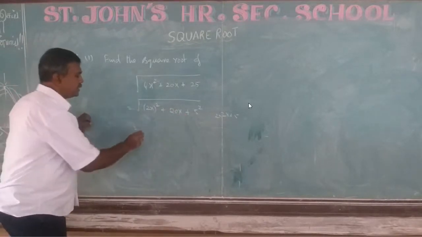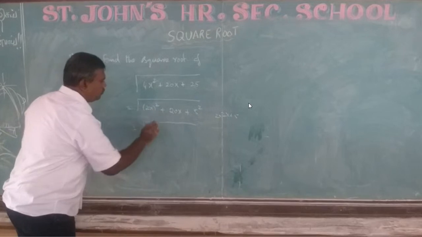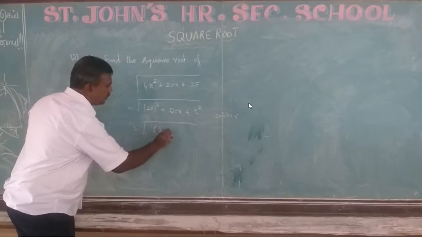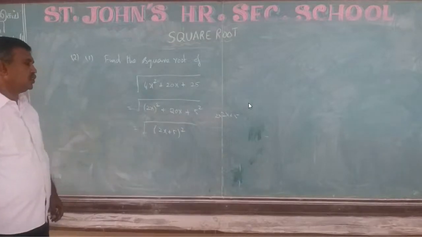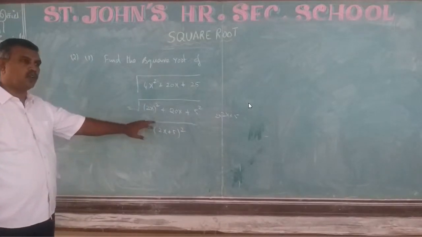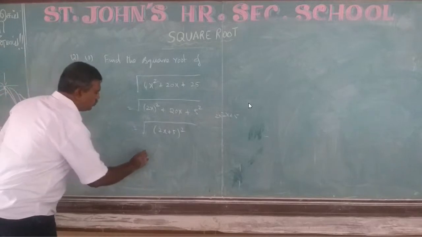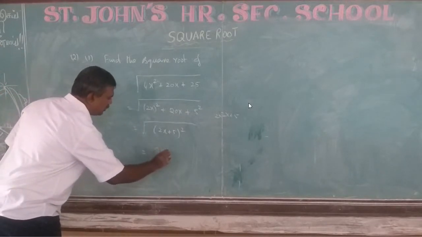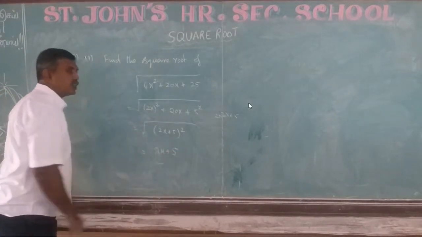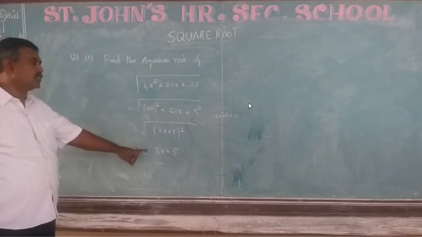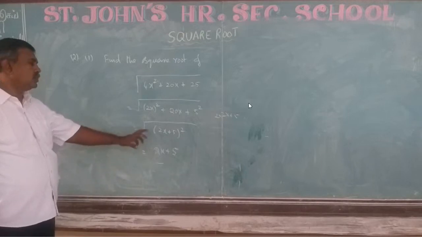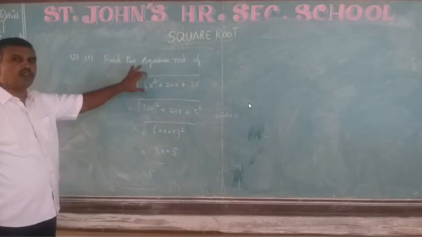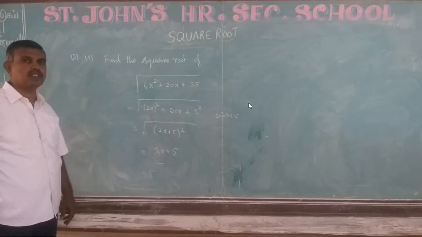The 20x is 2 into 2x into 5, that is 20x. So it can be written as square root of 2x plus 5 the whole square. Now we take the square root, that is equal to 2x plus 5. Therefore the square root of this value is 2x plus 5.